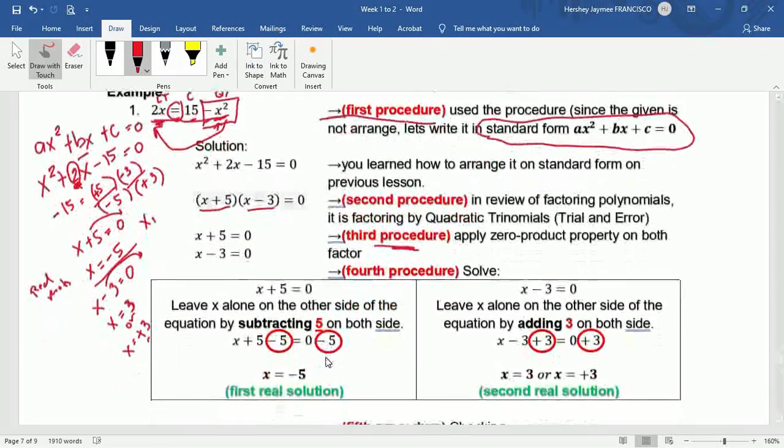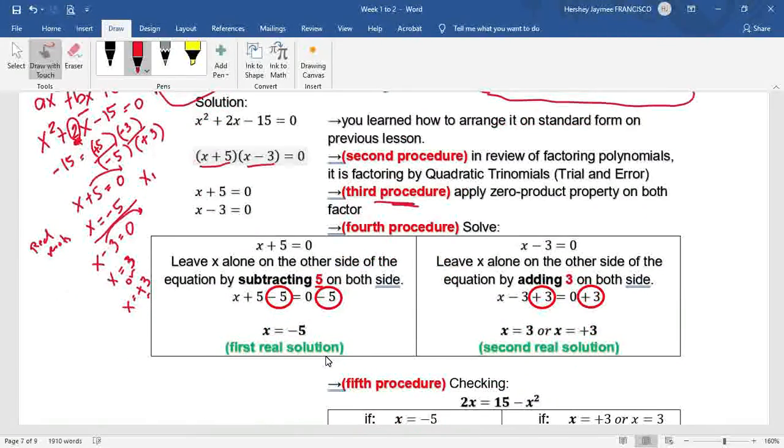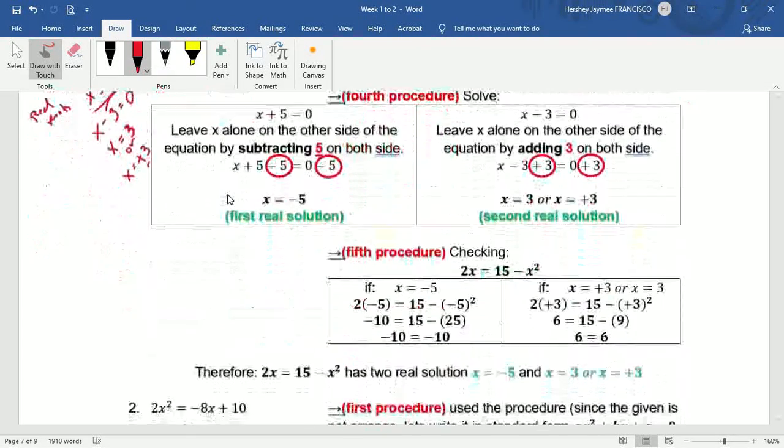Pwede nyo itong pag-aralan. Titigan, I'll give you 1, 2, 3, 4, 5 seconds just to snapshot or screenshot para mapag-aralan nyo. Okay, so paano ang checking?